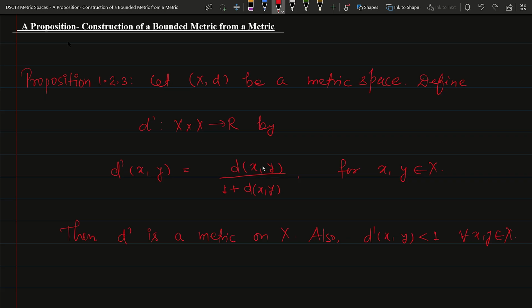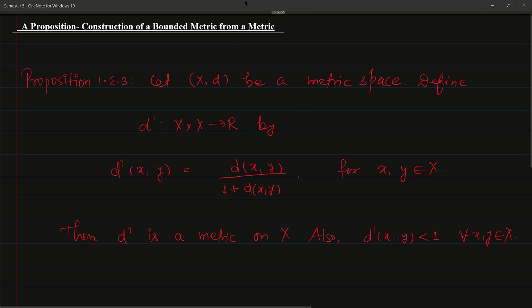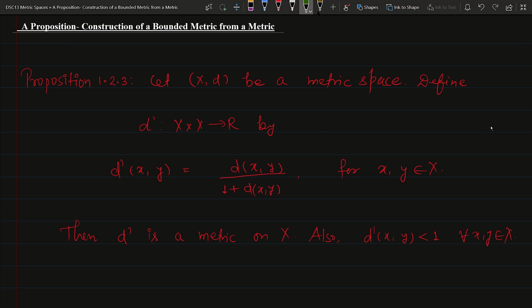Its minimum value can be 0, which is strictly less than 1. Any non-zero, that is positive, value a gives a over 1 plus a, which is always strictly less than 1 for any positive a. So this is understood, and this way we call it a bounded metric.